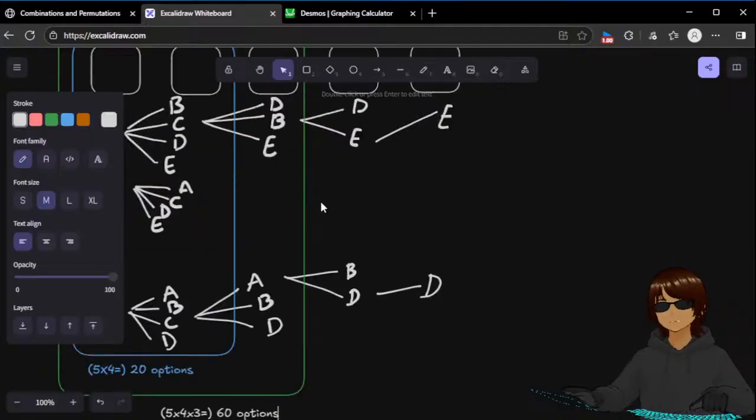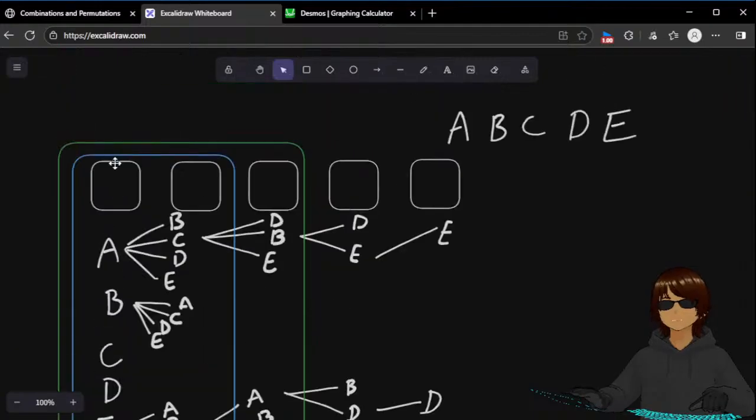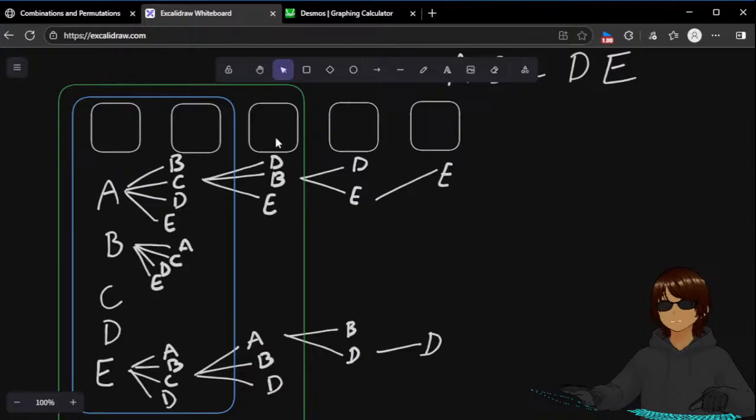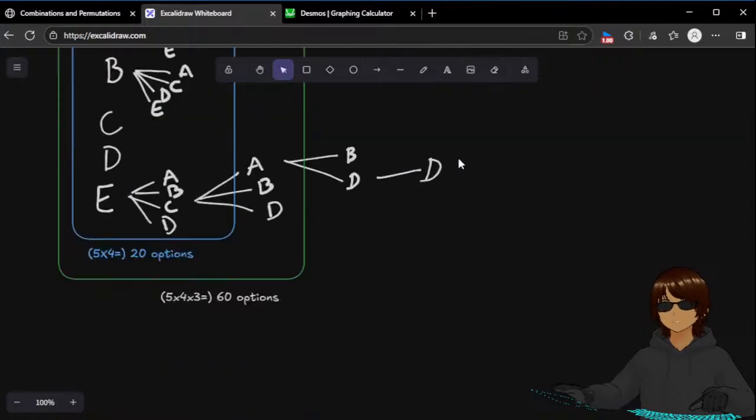So a total of 5 boxes together is 5 times 4 times 3 times 2 times 1 options in total.